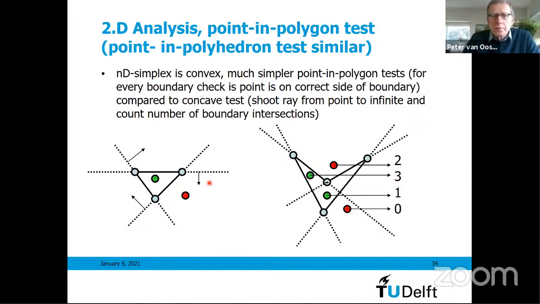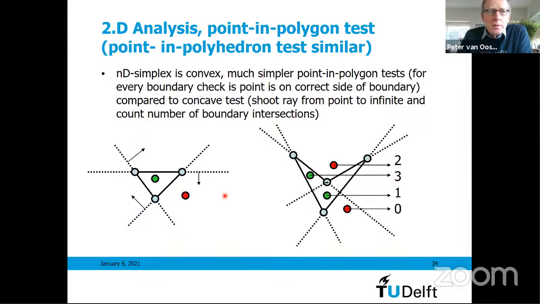That means it has a left and a right side, or a minus and a plus side. And I now indicated the sides of the edge and pointed to the inside. So all these baselines are pointing to the inside of the triangle that is being defined.